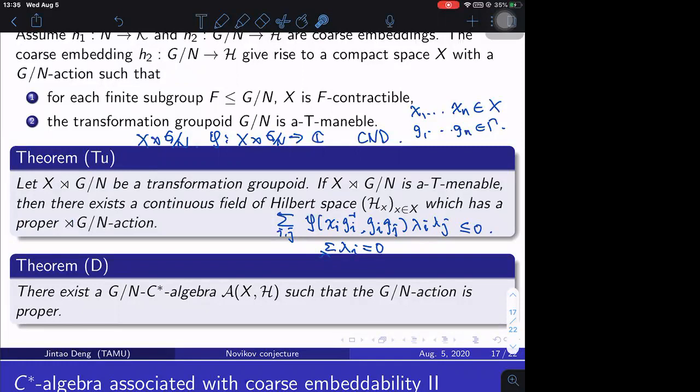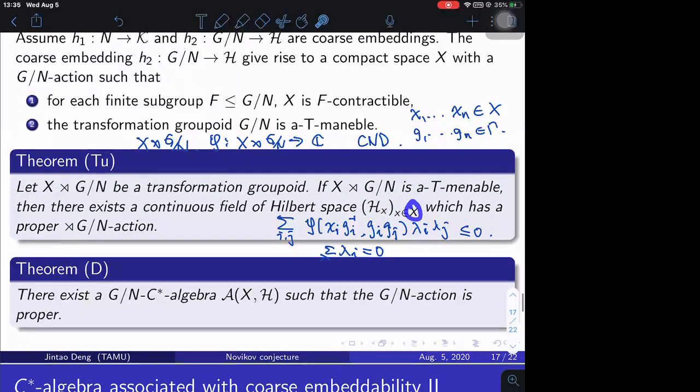So here, by Tu's result, we can have a continuous field of Hilbert spaces, which means we have a fiber bundle over the complex space X, and each fiber is a Hilbert space.